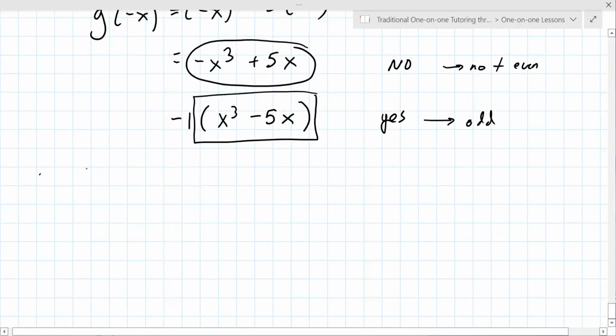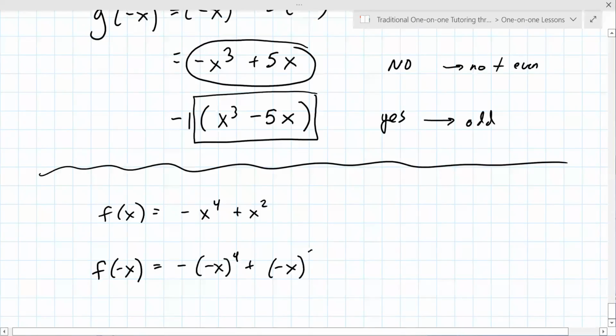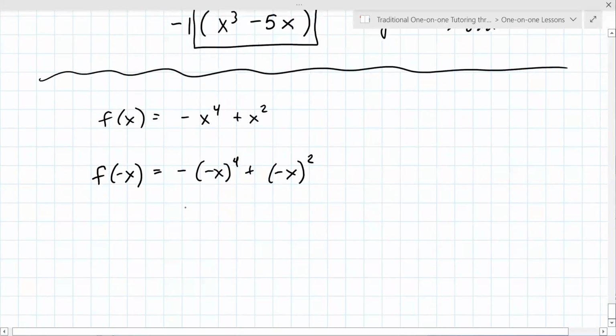Okay, so really quick here, let's say f of x equals minus x to the fourth plus x squared. Let's try negative x inside here. This is negative x to the fourth plus negative x squared. This minus becomes positive because that's even, but that negative stays.